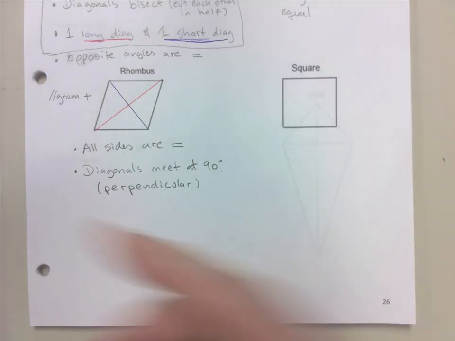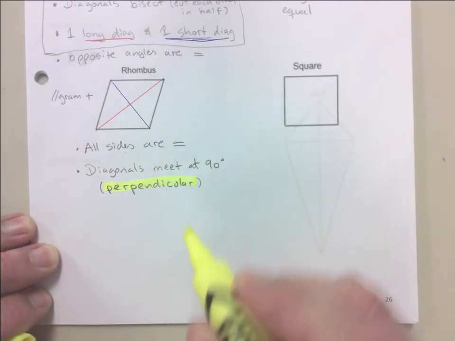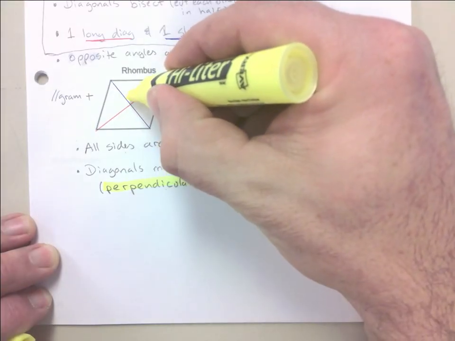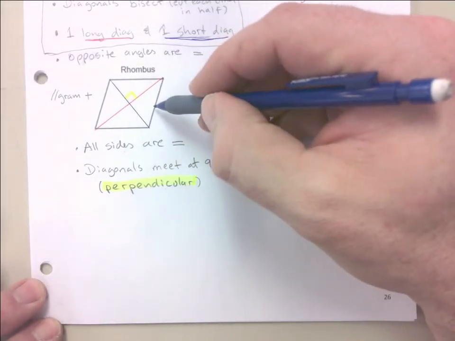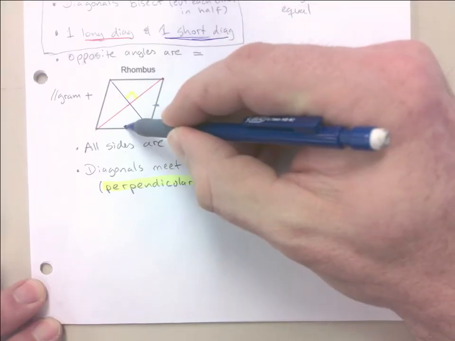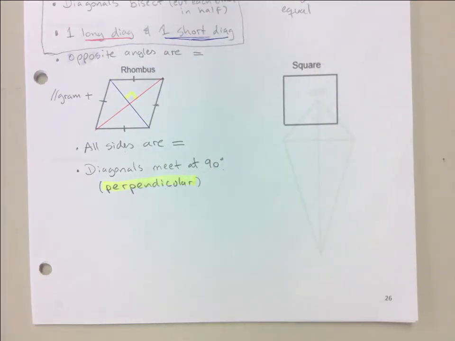But they meet at a 90. I'm going to highlight this. The fact that diagonals are perpendicular tells me I can go like this in the middle. I can actually say there's a 90 formed between the diagonals. And I know that all four sides have the same length. That's also very unique to a rhombus.